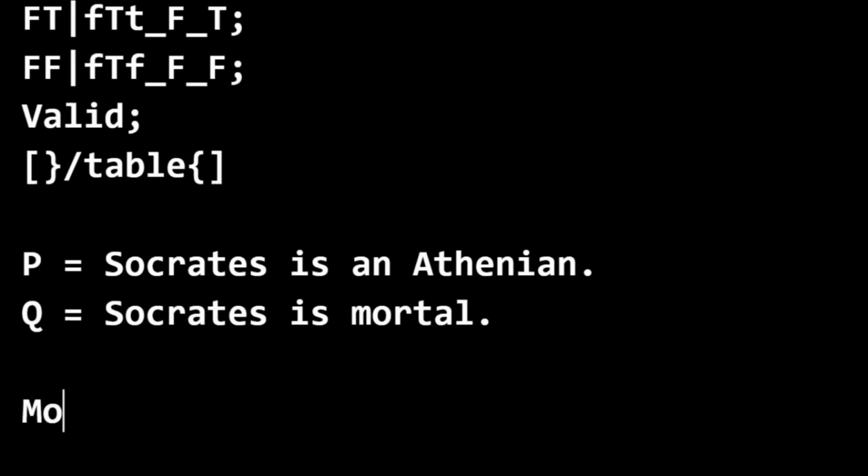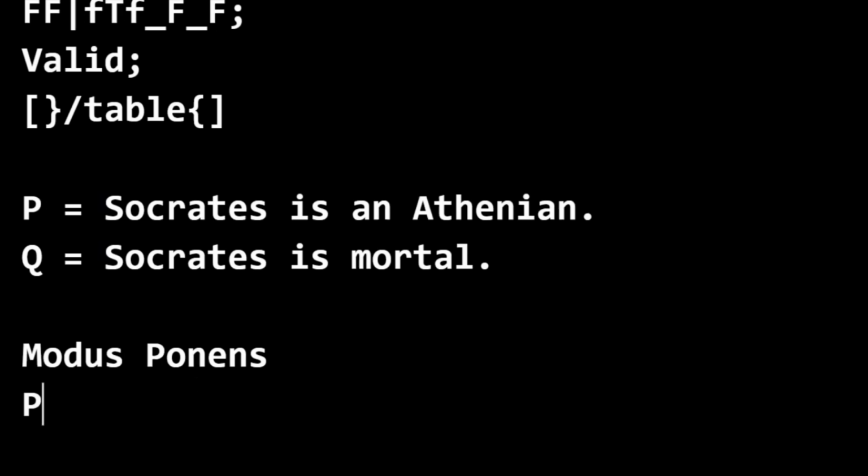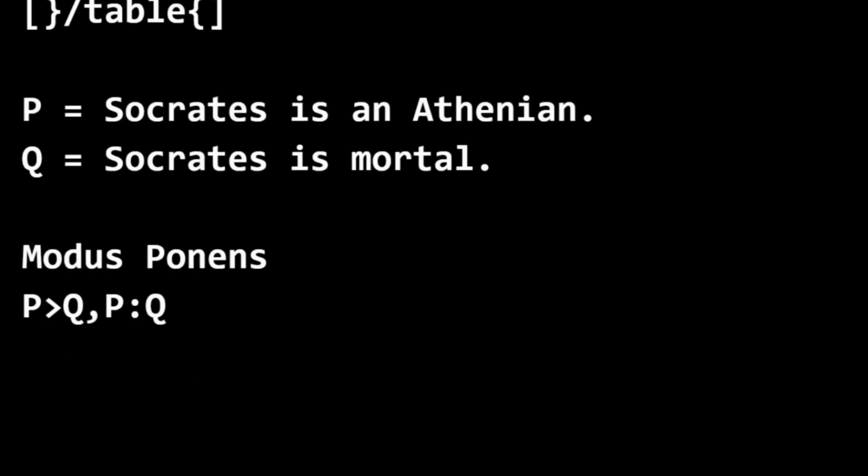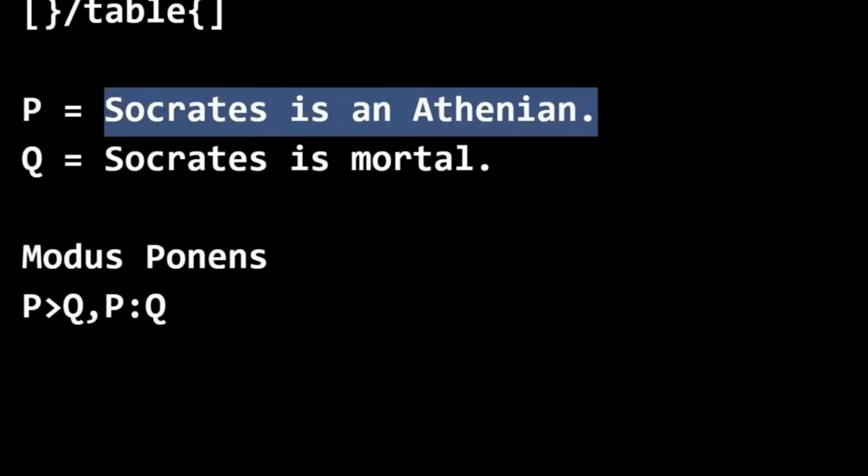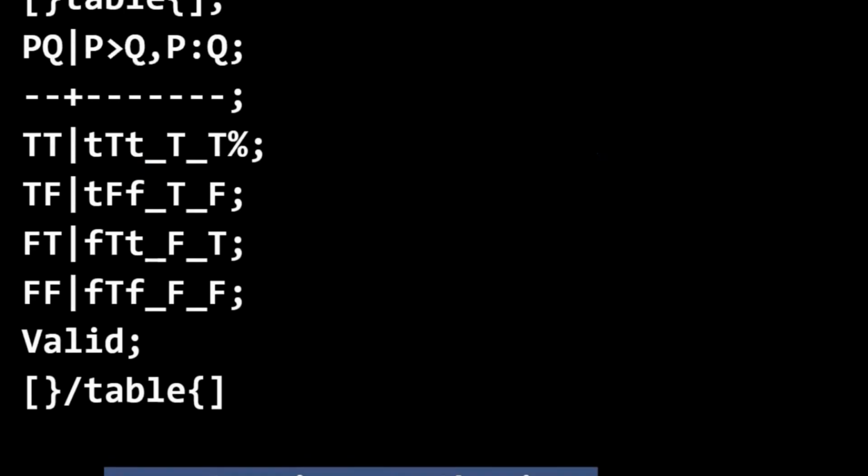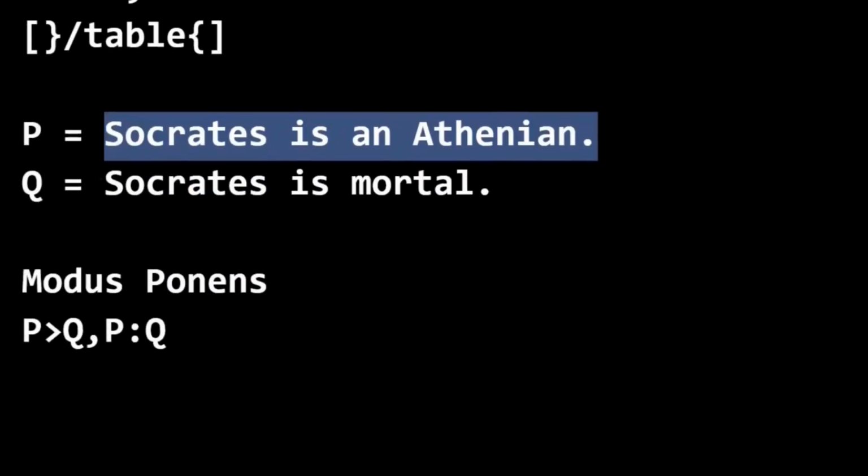And so if we think of modus ponens as a pattern or a template, P only if Q, P therefore Q, we can insert these English propositions into this modus ponens template, and then we just know, because we've already done the truth table, that it's a valid argument.